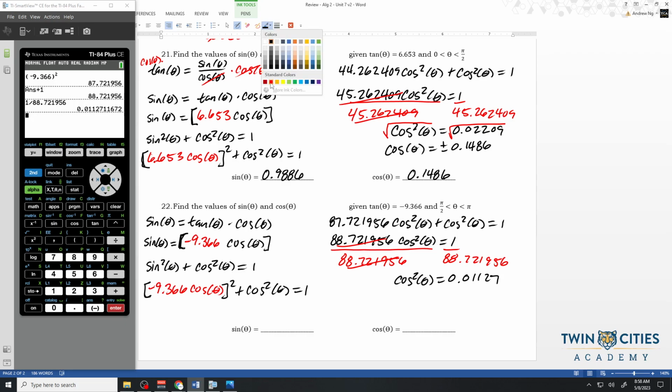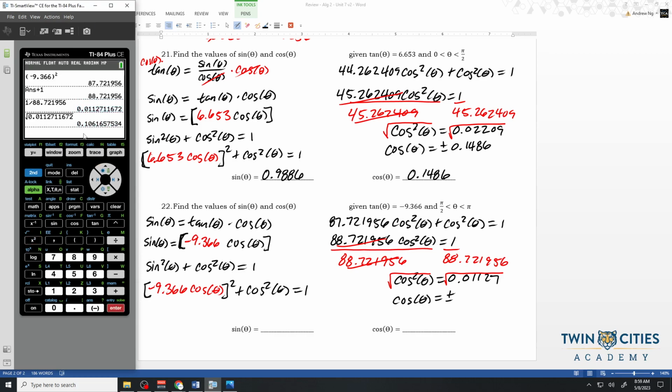And finally, let's take the square root. I've got cosine of theta is equal to positive or negative the square root of this, which is 0.1062.